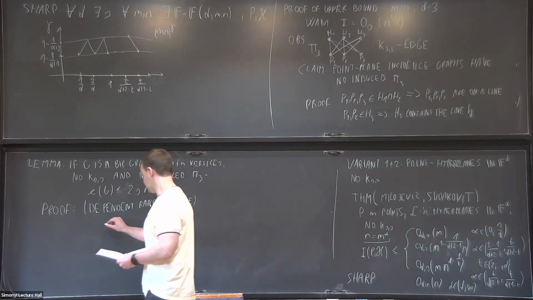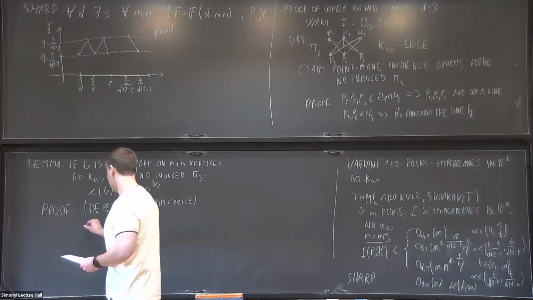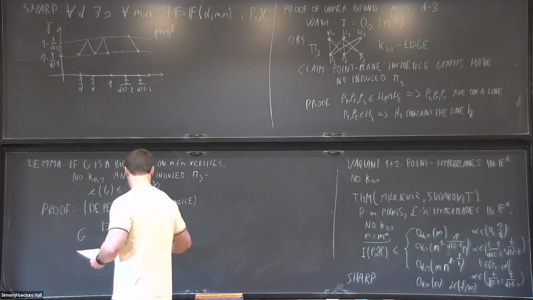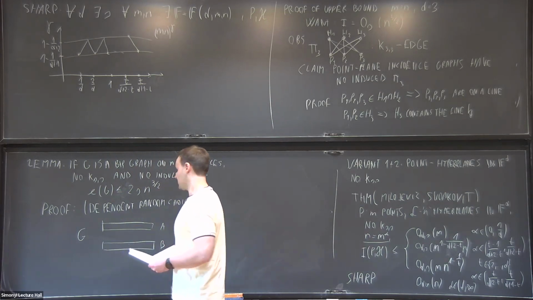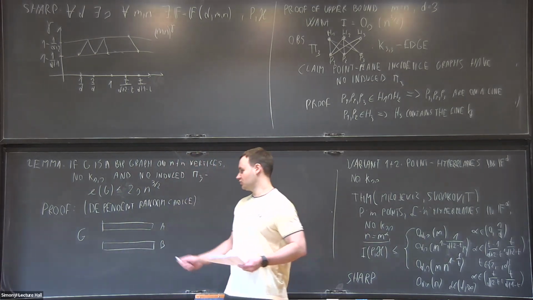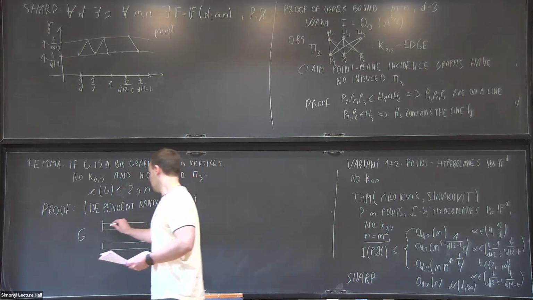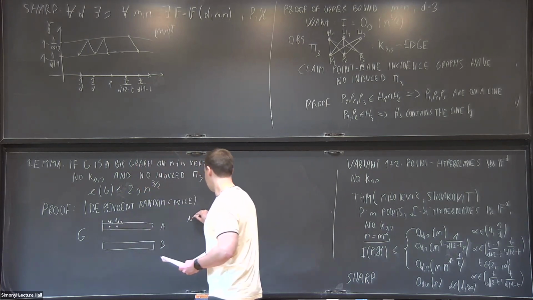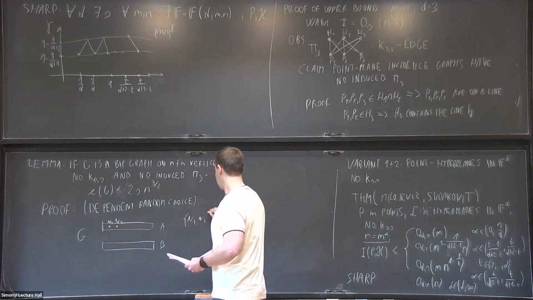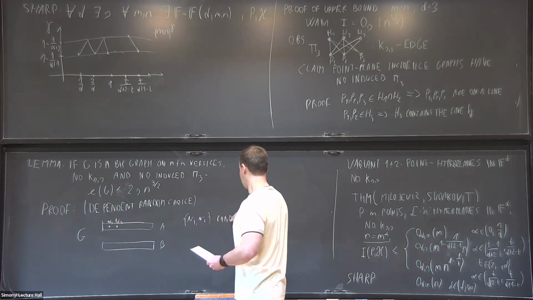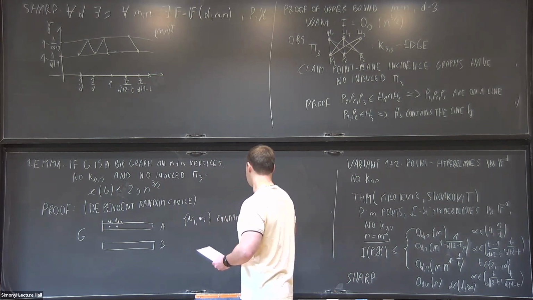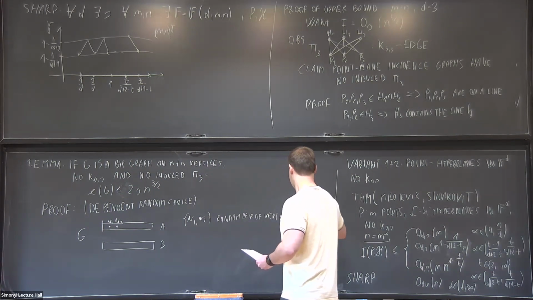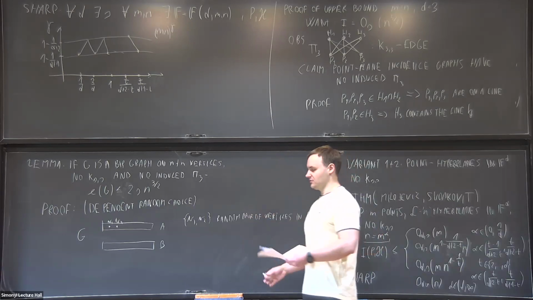Okay, so let me draw my graph. So here is G. Let A and B be the vertex classes. And now what we will do, we will choose 2 random vertices in A. Let them be V1, V2, a random pair of vertices, chosen from the uniform distribution on all the pairs.